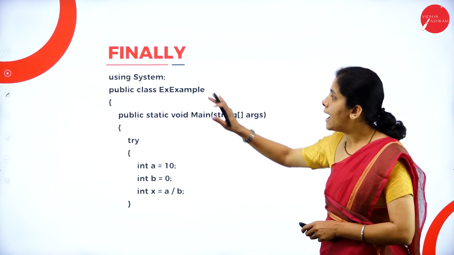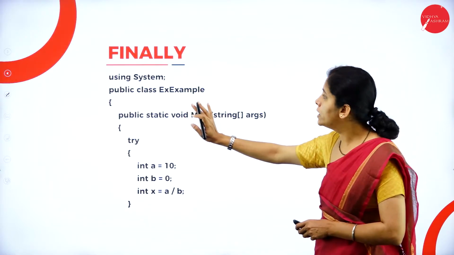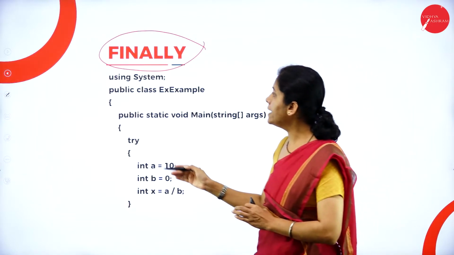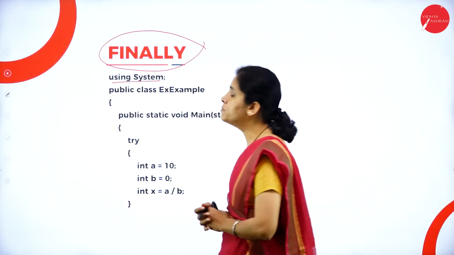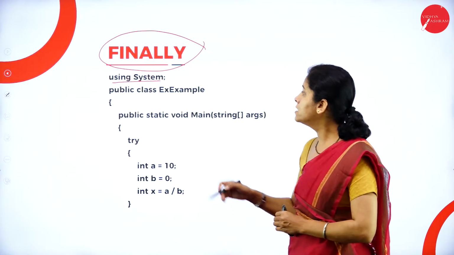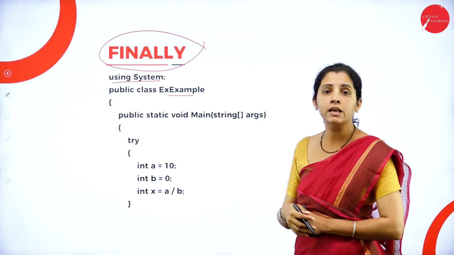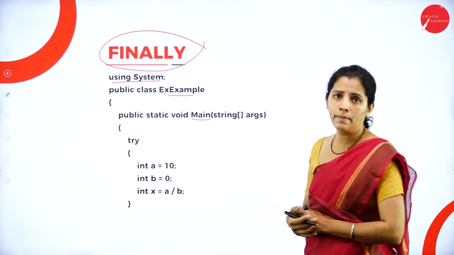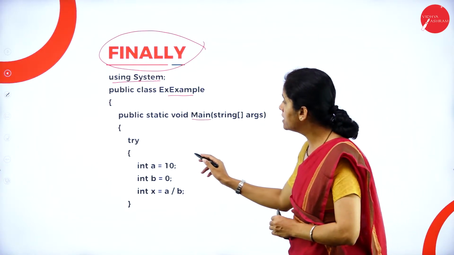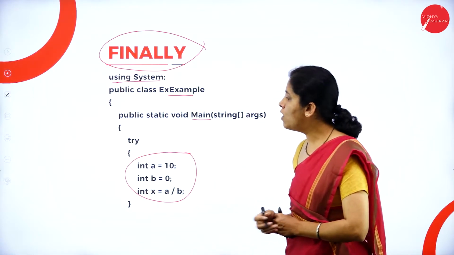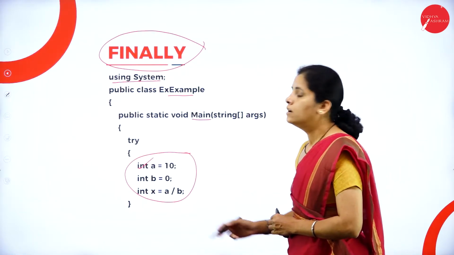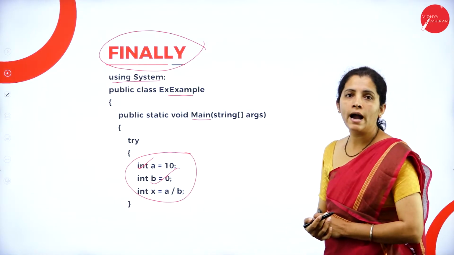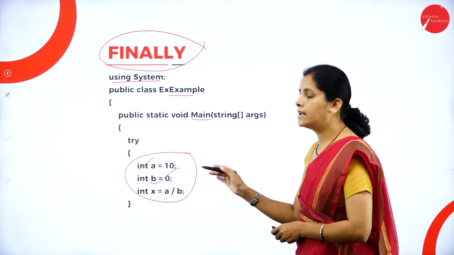Now, I have simple code to illustrate the use of finally. The program starts with using System, and my class name here is Example, and I have the Main method. Inside that, I have the try block, and I have A equal to 10, B equal to 0, and I'm trying to divide 10 by 0.